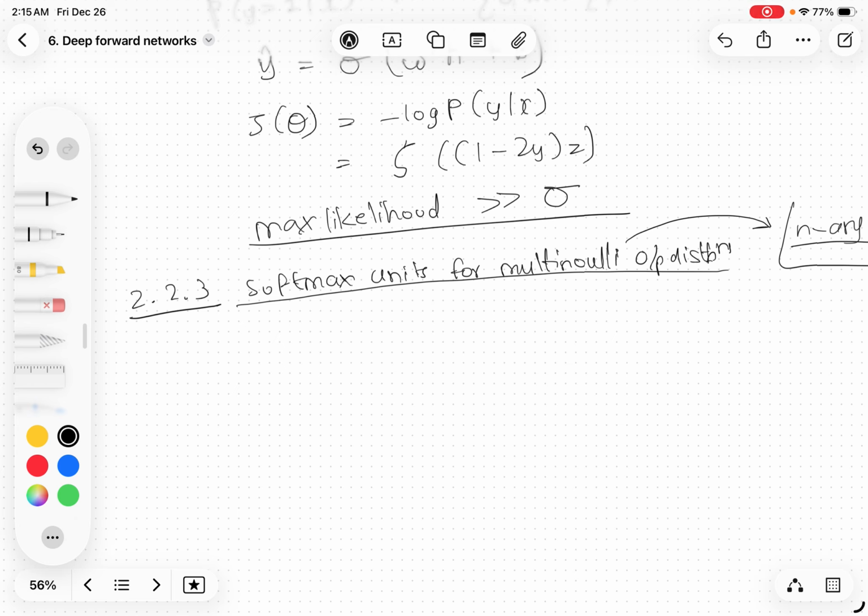Anytime we wish to represent a probability distribution over a discrete variable with n possible values, we may use the softmax function. It can be seen as a generalization of the sigmoid function, which was used to represent a probability distribution over just a binary variable. So we don't want that. We want something better than that, which is softmax.